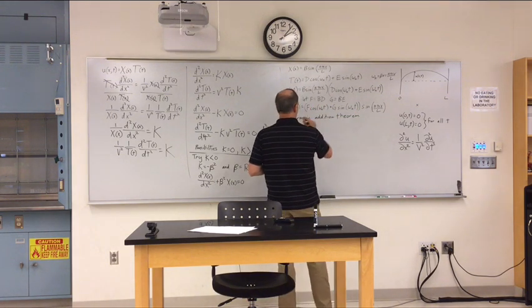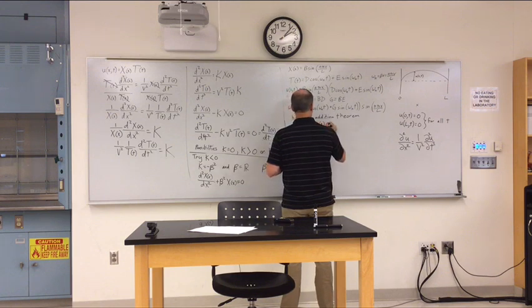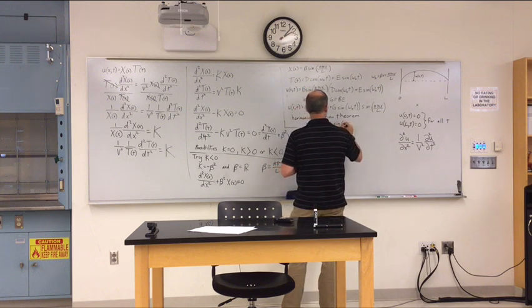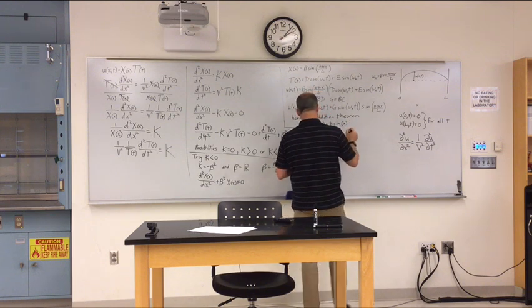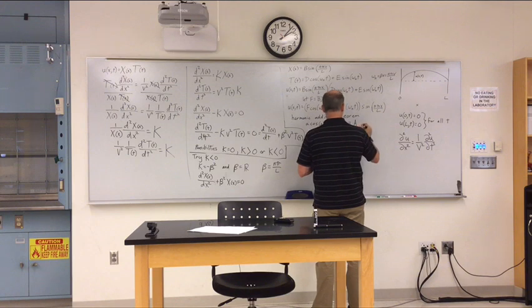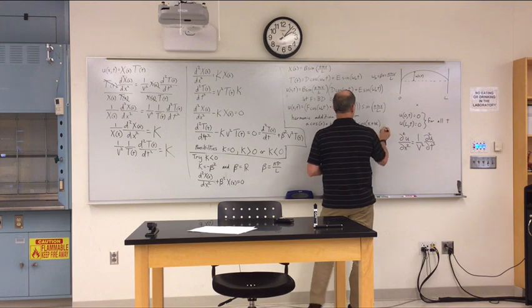So according to the harmonic addition theorem, if we have a cosine of x plus b sine of x, that's equal to some other value, A cosine of x plus alpha.